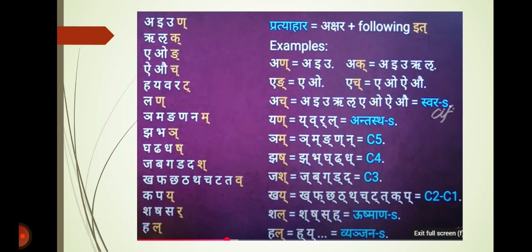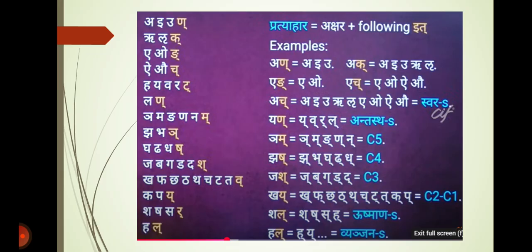While describing them in some rules, these short forms are used. Hal covers all the consonants, vyanjana. Ach covers all the swara, vowels. So this is how beautifully the alphabets are arranged, and all the grammatical rules are defined with respect to these alphabets.